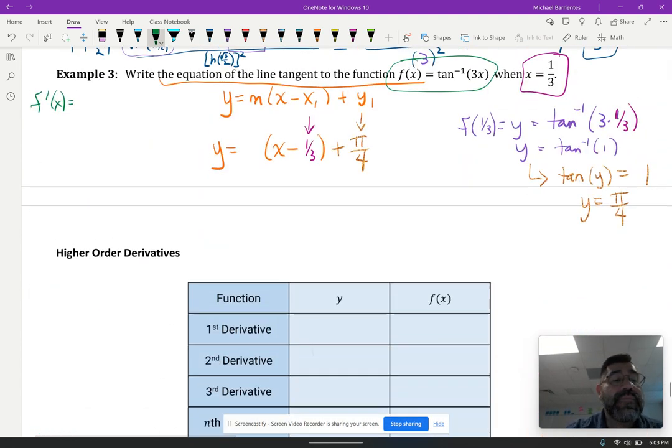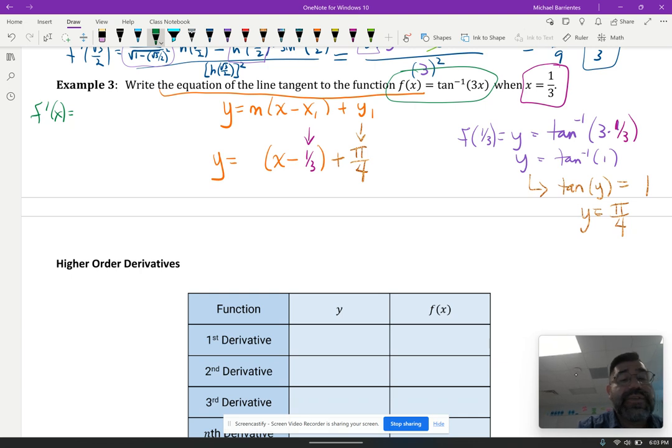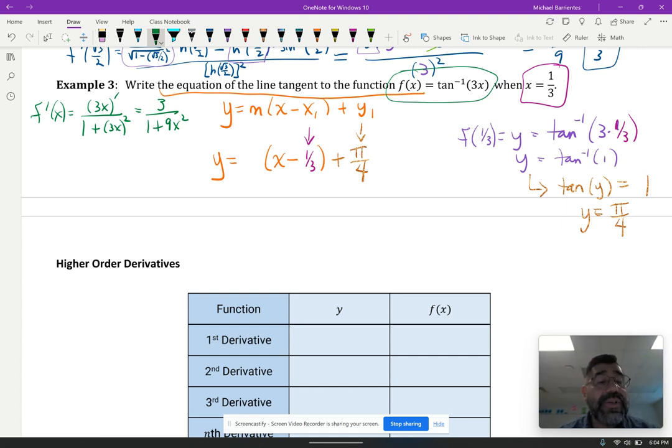Alrighty? So it is the derivative of the something divided by 1 plus something squared, which is just going to give me 3 over 1 plus 9x squared. That's my derivative. That's what I'm looking for.